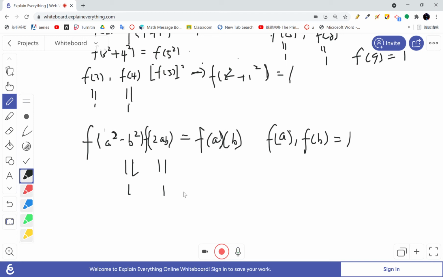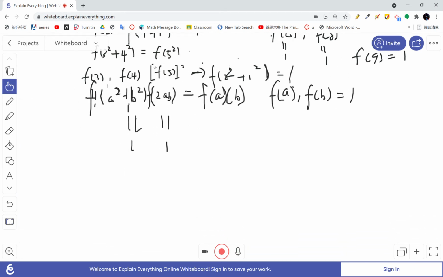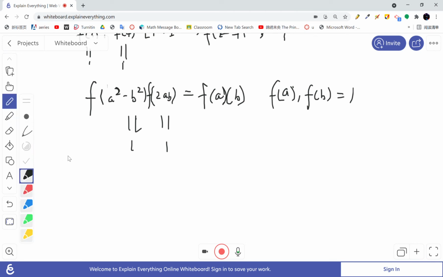So what can we do now? If we know f of 1 to f of n are all equal to 1, like f of 1 to f of 9, then f of 7 is basically, because f of 25 is equal to 1, then f of 24 and f of 1 are equal to 1.